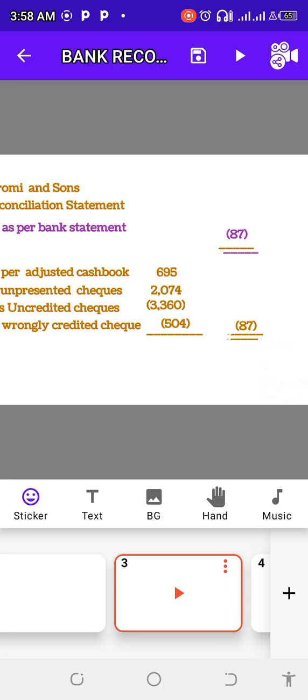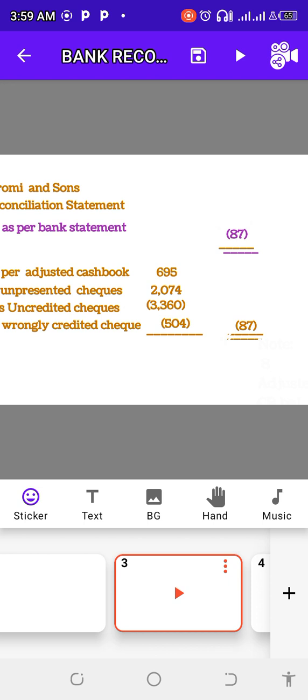Then add uncredited checks, minus unpresented check, and less wrongly credited check. And so we will also have the balance as per the cash book balance in the question.